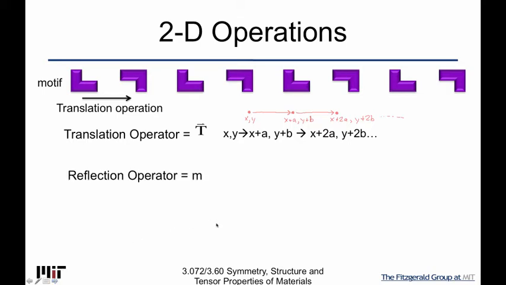Another operation is the reflection operation, and it's represented by M typically in the international notation. And so we draw this plane, or line in this case, and that's the reflection operator. And so what that operator does is, obviously, if an object like this has a right-hand sense, let's say, then all of a sudden we have a left-hand sense.